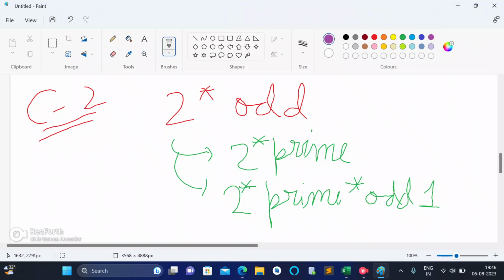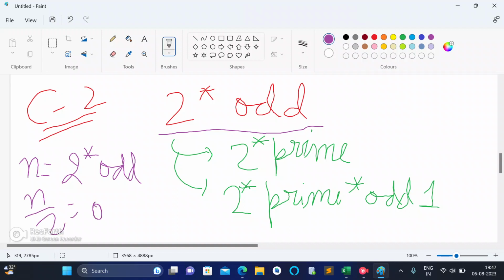So what I will do is first check whether the number given to me, that is 2 into odd, is of the form 2 into prime or 2 into prime into odd one. How will you check? The number n, that is even, is given to me as 2 into odd. You will divide n by 2 to get that odd number.